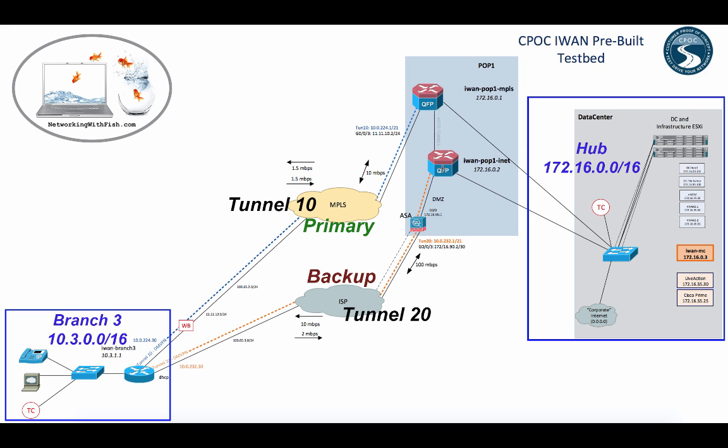So from that perspective, you would normally have one entry. In branch 3, if you're doing this today from a primary and backup perspective, if you were to look at the routing table on branch 3, you would see one entry in the RIB for 172.16.0.0/16.